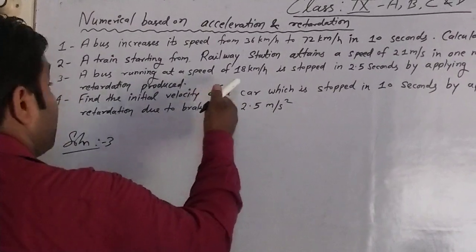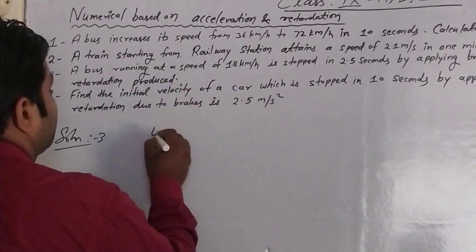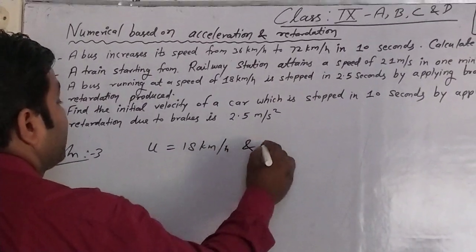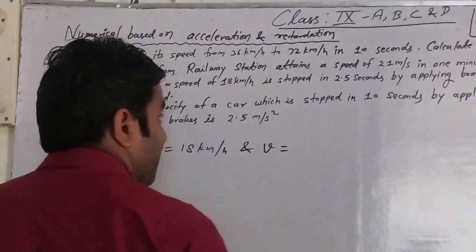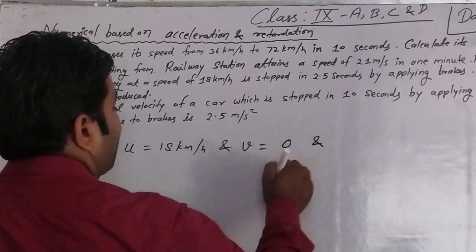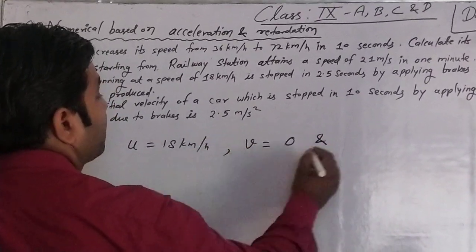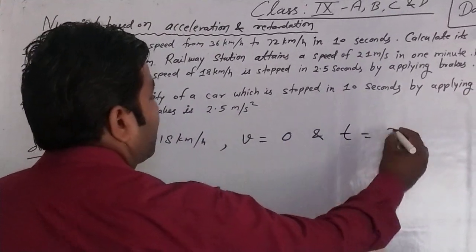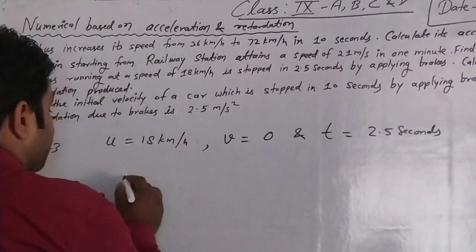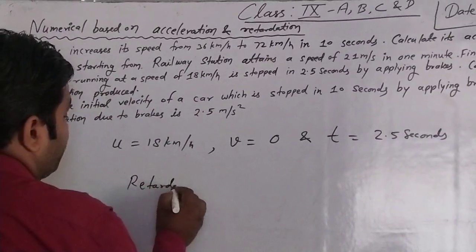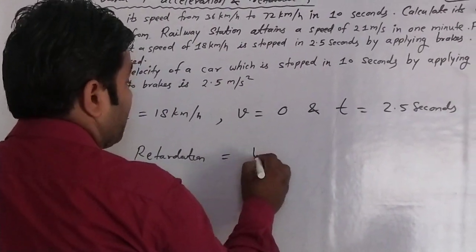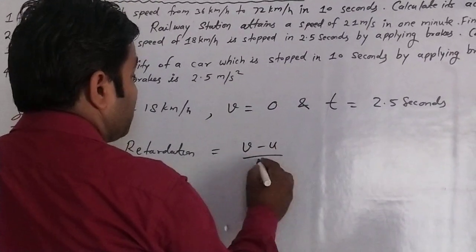Here, initial speed u is equal to 18 km per hour and v is equal to 0, because after applying the brake the bus stops, and time is given as 2.5 seconds. Then retardation is equal to v minus u upon t.